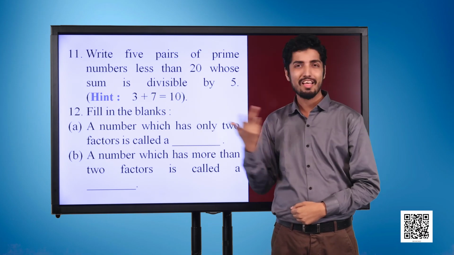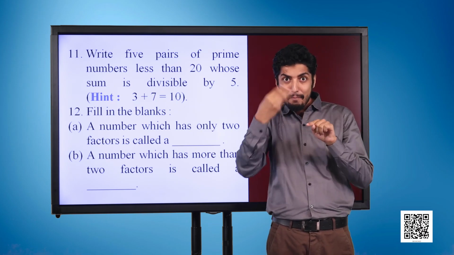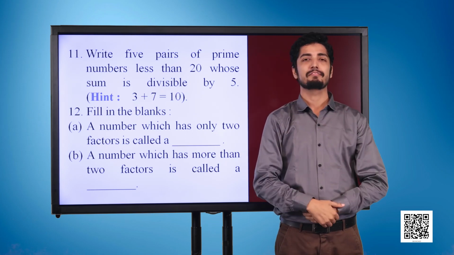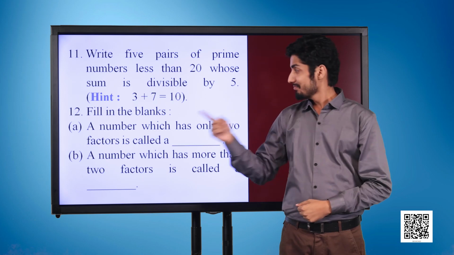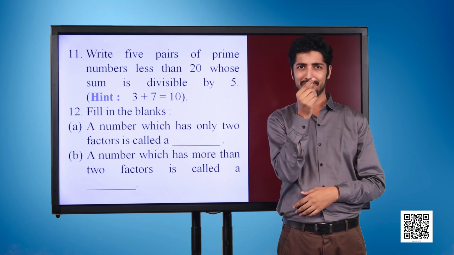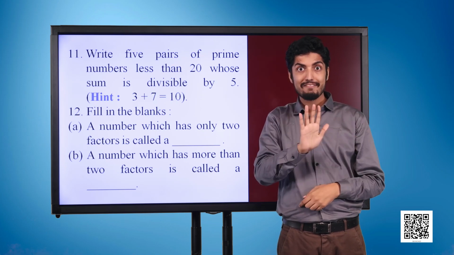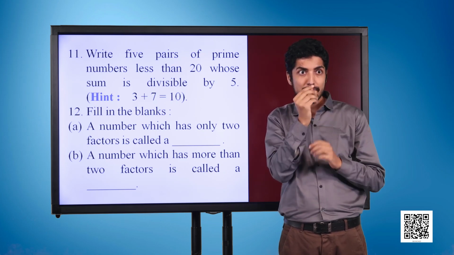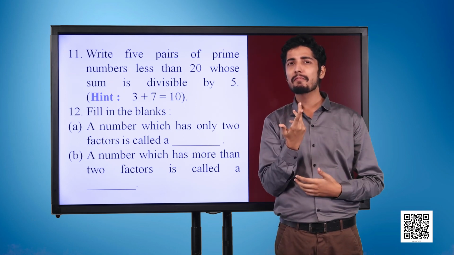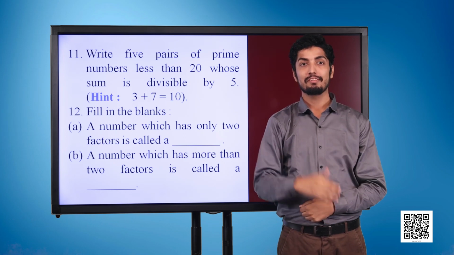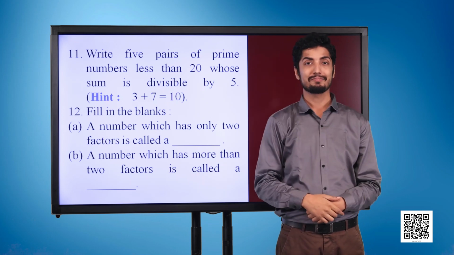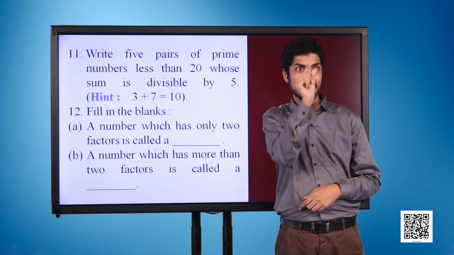12. Fill in the blanks. A. A number which has only 2 factors is called a dash. B. A number which has more than 2 factors is called a dash.